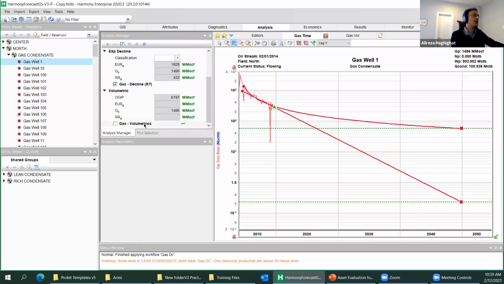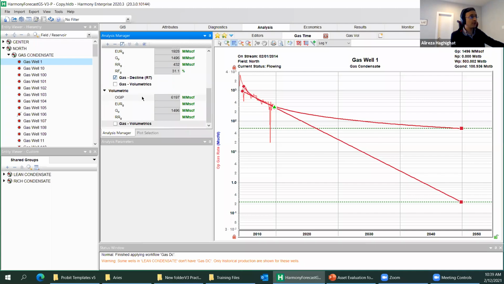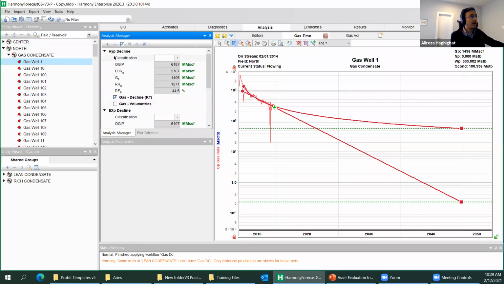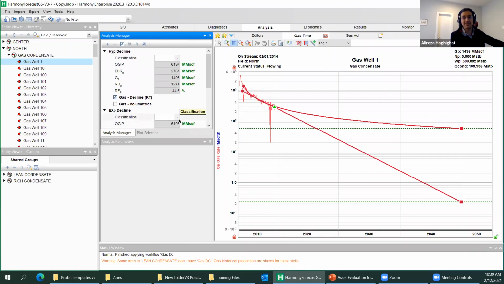So what I do, I connect my volumetric with my hyperbolic decline, and I connect my volumetric with exponential decline. For hyperbolic decline, the recovery factor is 44%. For exponential decline, the recovery factor is 31% based on our volumetric calculation and EUR estimation.